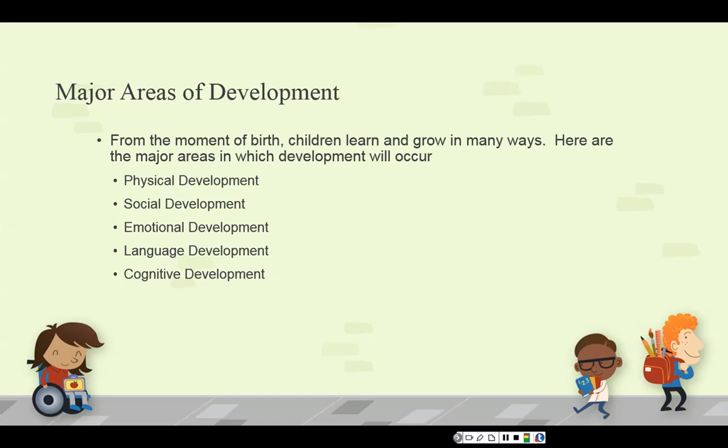Now, all of these work together. Very infrequently will you see a child using just one area. They may be using a couple of areas of development at the same time. But we need to talk about what each of these areas actually means.